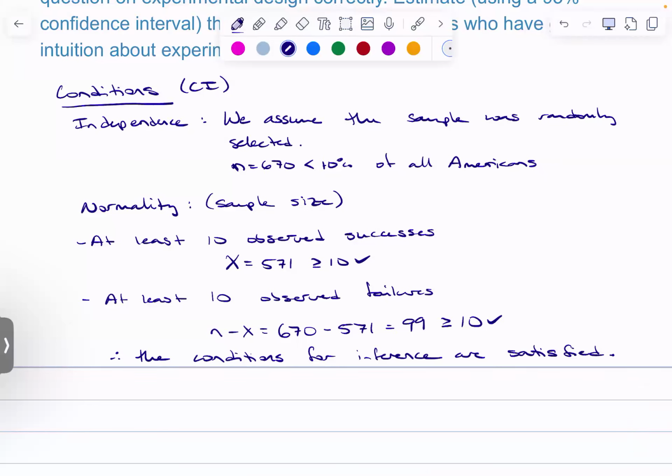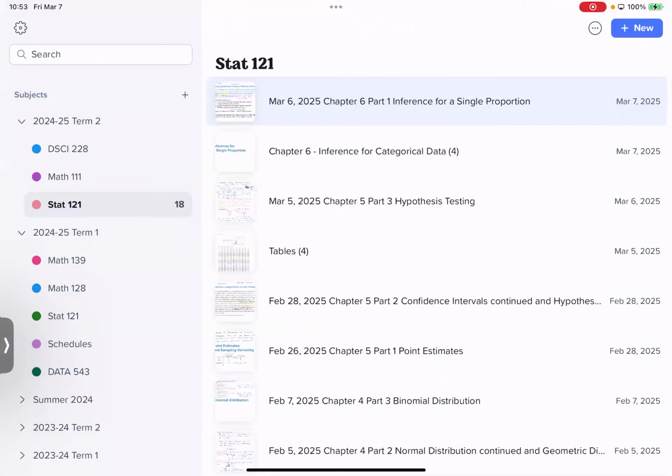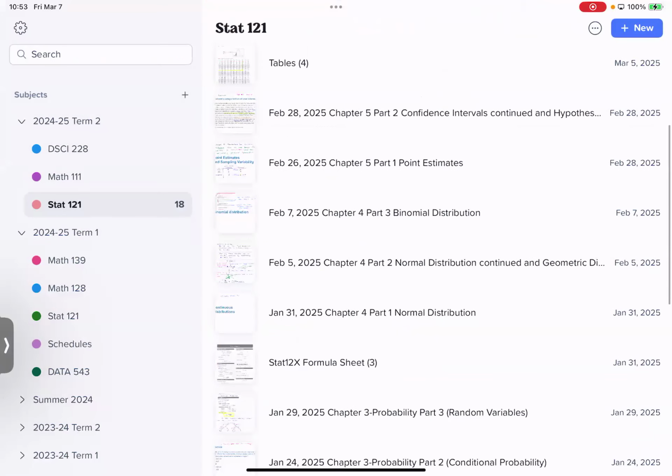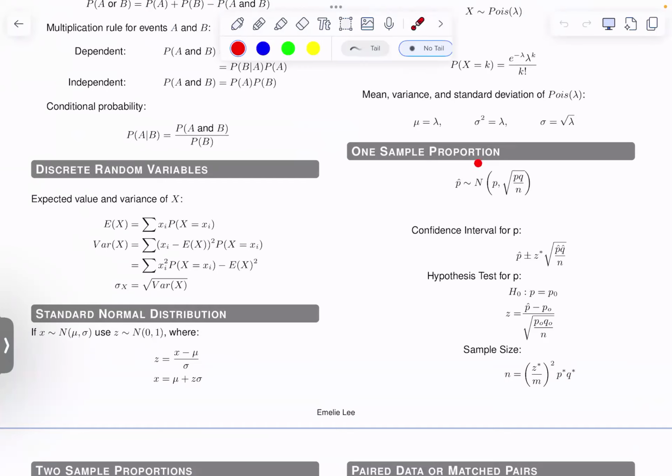Now we're ready to build our confidence interval. From our formula sheet, let it be your guide. You've decided you have a one sample proportion question because I just have one sample.